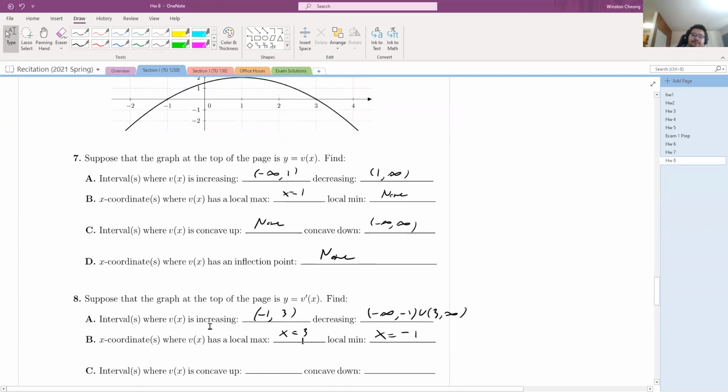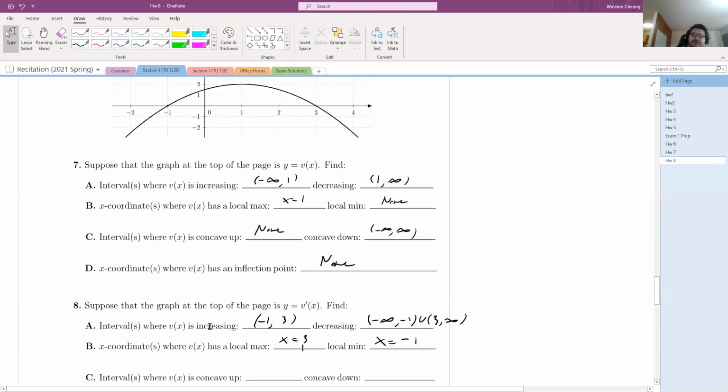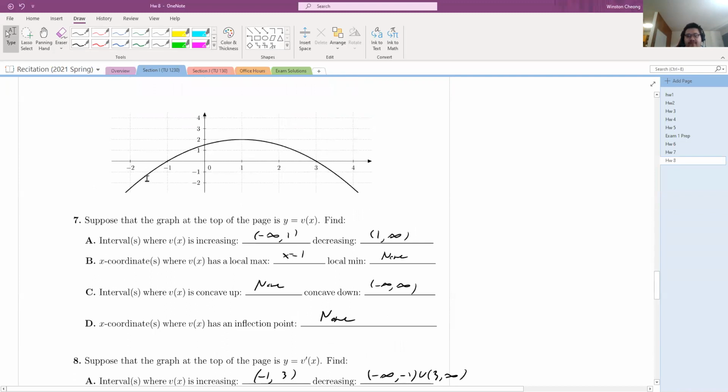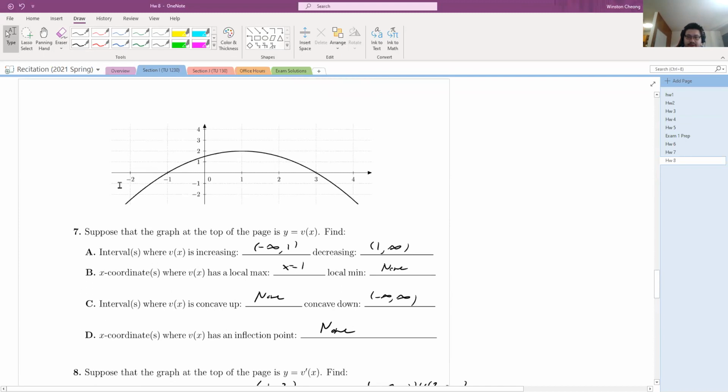Now concave up and concave down. Well, concavity is going to be the second derivative, and concave up means that the second derivative is positive. Concave down means the second derivative is negative. So this graph, right now, we're thinking of as being the derivative, and so we need to take another derivative on top of that in order to determine whether it's concave up or down.